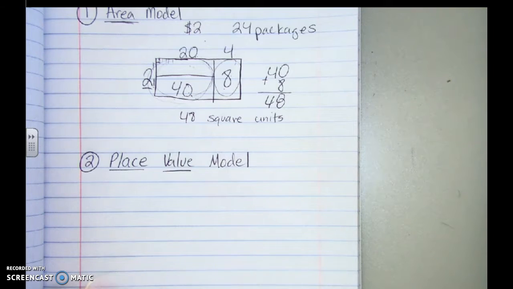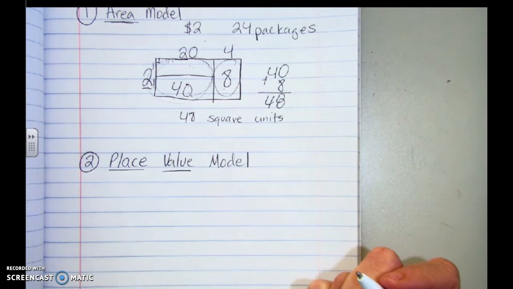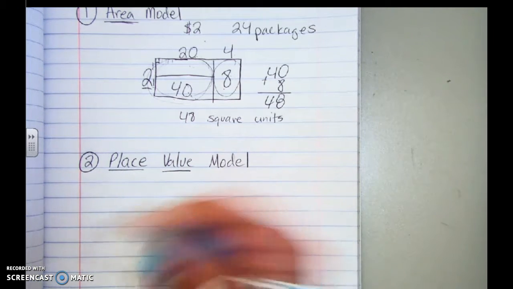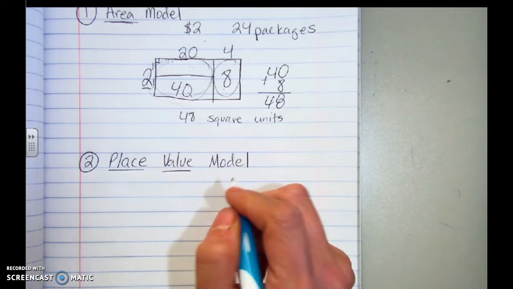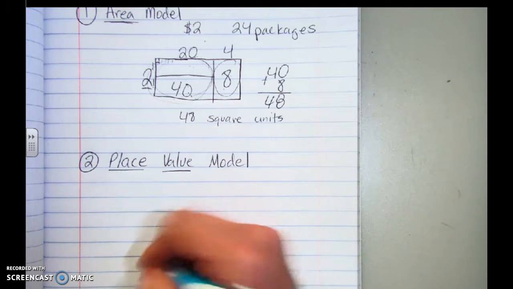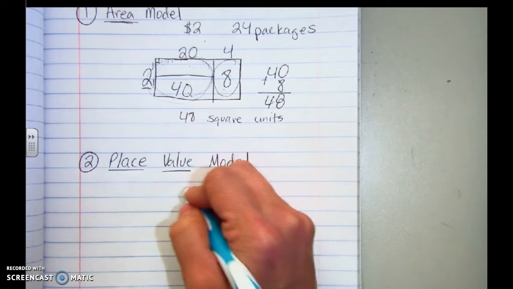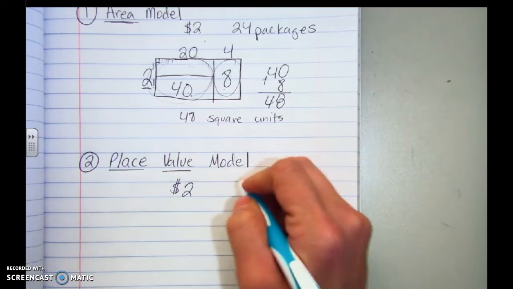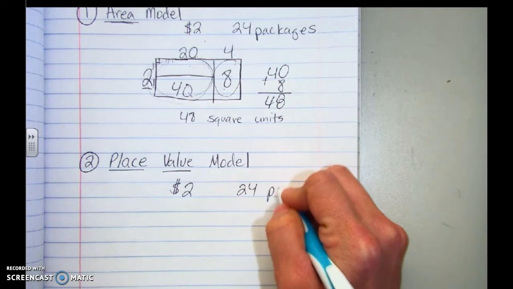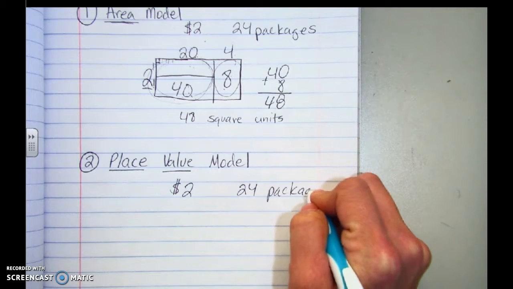Place value. So I have that same problem. And all I'm doing to explain the difference between the two models is I have the same problem. I have $2 for each of the 24 packages.